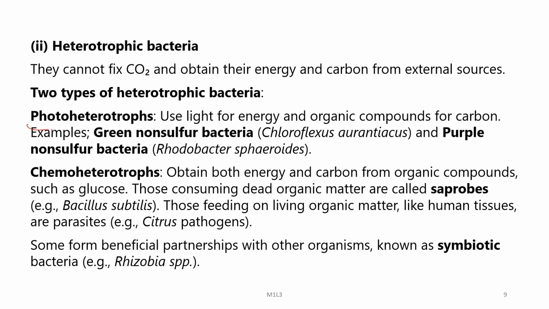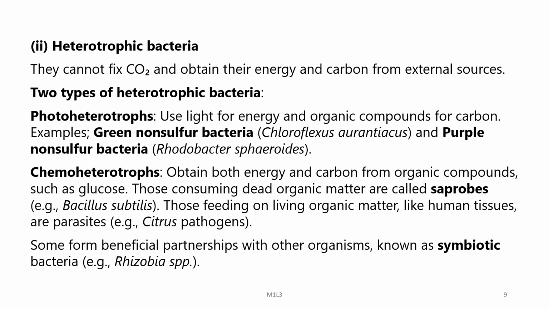The first one is the photoheterotrophs. They use light for energy and organic compounds for carbon. Some notable examples are green non-sulfur bacteria and purple non-sulfur bacteria. You have Chloroflexus and Rhodobacter under these two types.